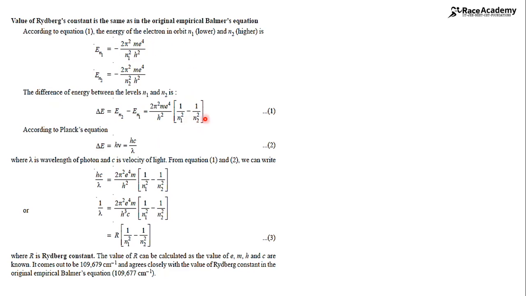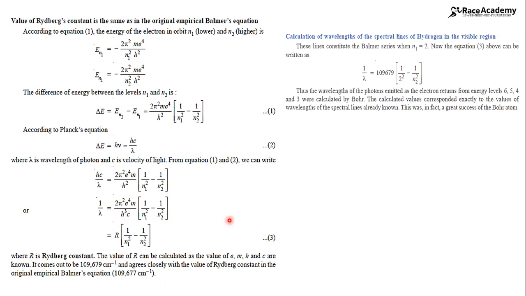But according to Planck, this change in energy is hc by lambda. That is introduced here, and after simplification we get the wave number: 1 by lambda equals R into 1 by n1 square minus 1 by n2 square. That means this Rydberg constant equals 2 pi square e power 4 m by c h cube. Substituting all the values of e, m, h, c and pi, we get 109677 centimeter inverse. That is called the Rydberg constant value.